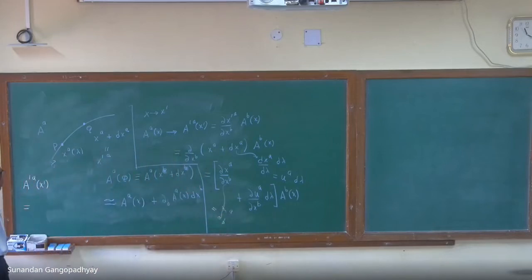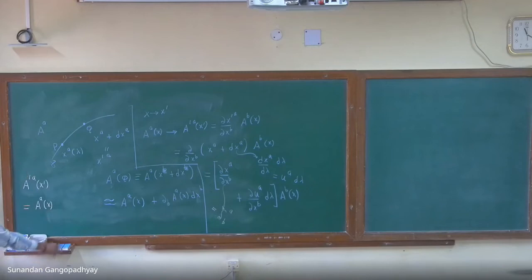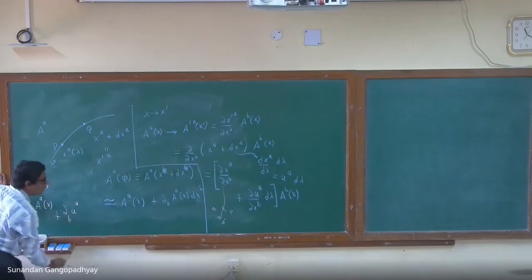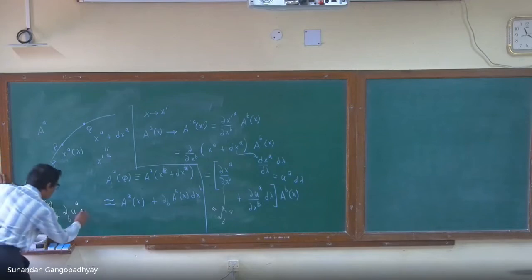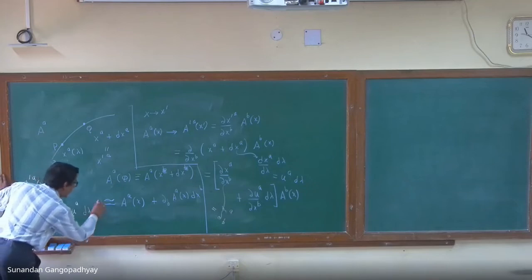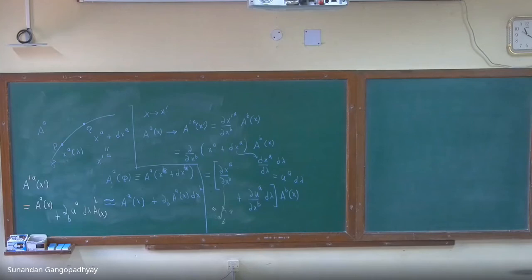Del x^a by del x^b is delta^a_b. So you can now write this down as A^a at x, and then plus del u^a by d lambda times A^b. Is this okay?